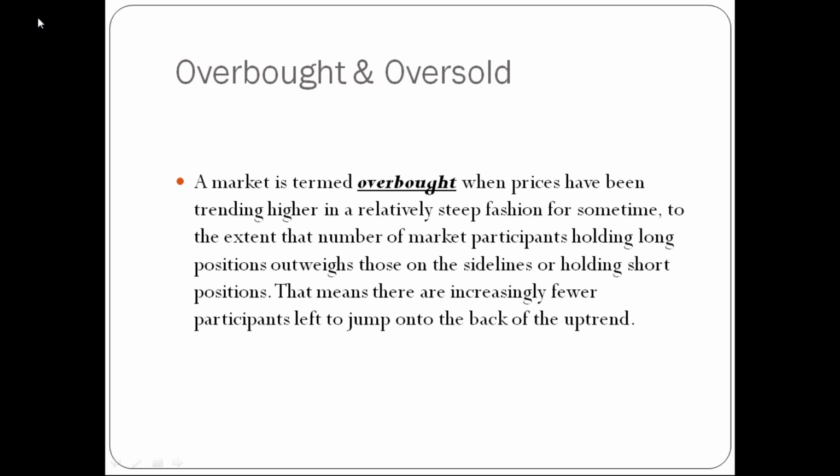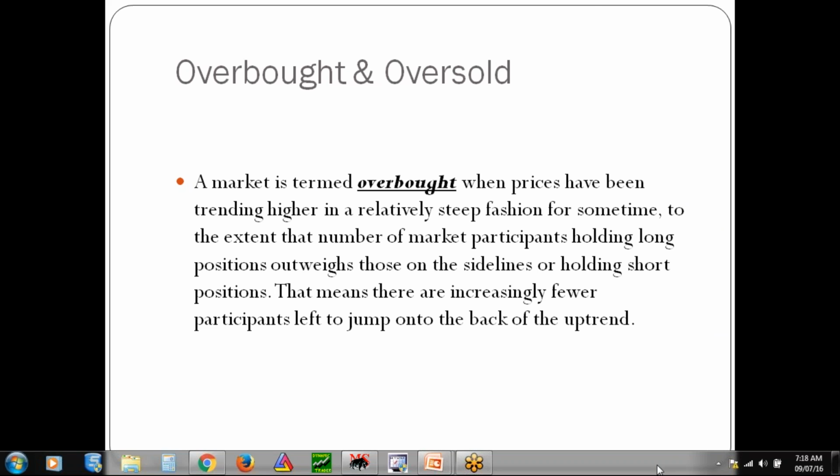A market is termed overbought when the prices have been trending higher in a relatively steep fashion for some time, to the extent that the number of market participants holding long positions outweighs those on the sidelines or holding short. This means there are increasingly fewer participants left to jump back on the trend, right?